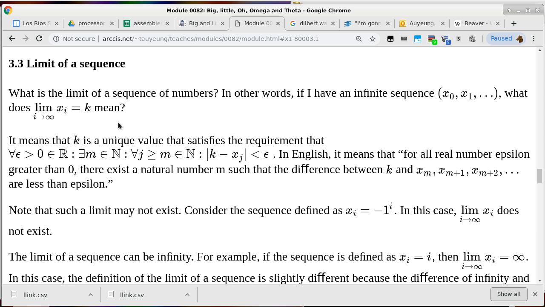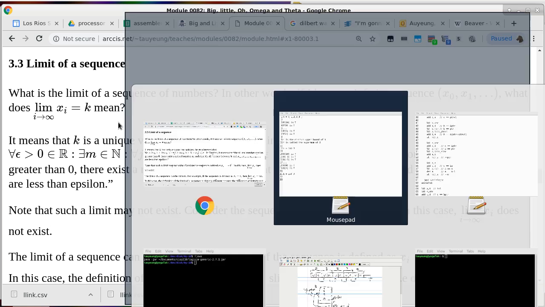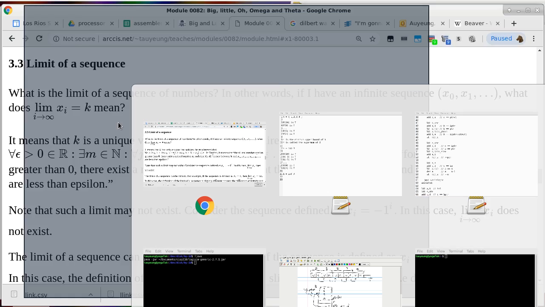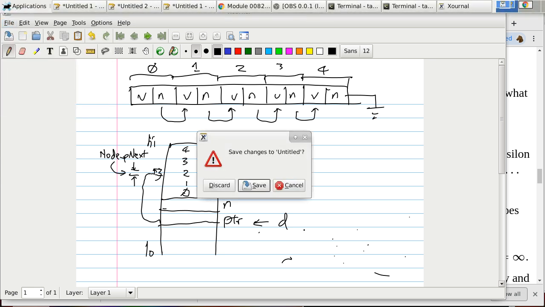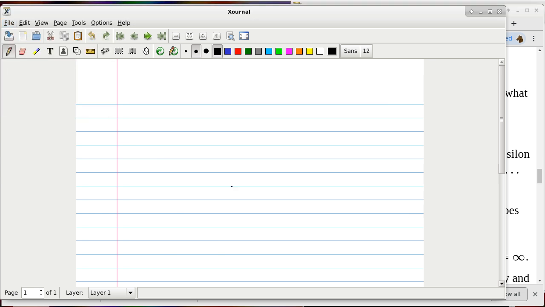So what about graphically? Can we look at this in a graphical way? Because I think the visual can be very helpful in this case. So let's go ahead and see if we can look at this from a visual perspective. I'm going to discard that. Start with a new one.